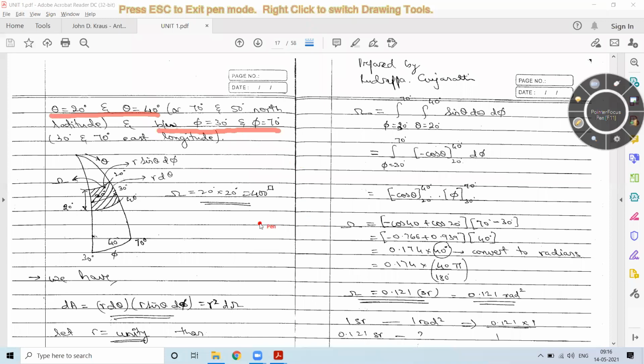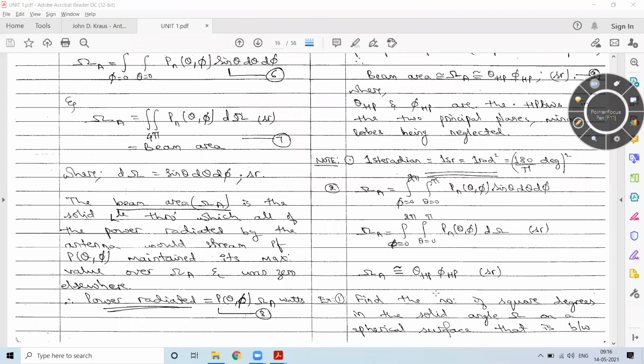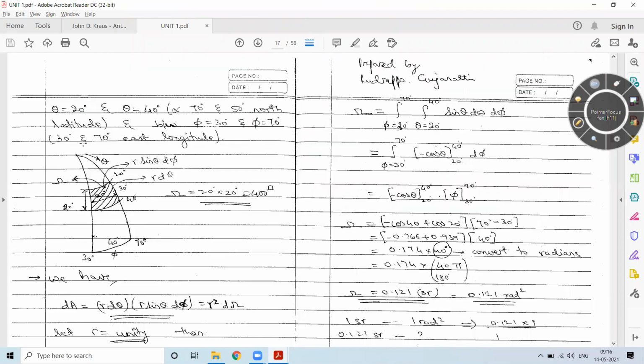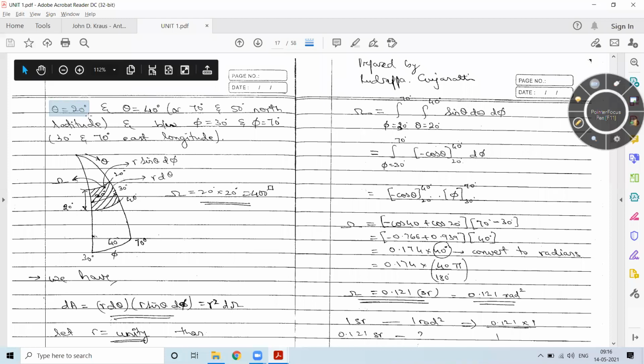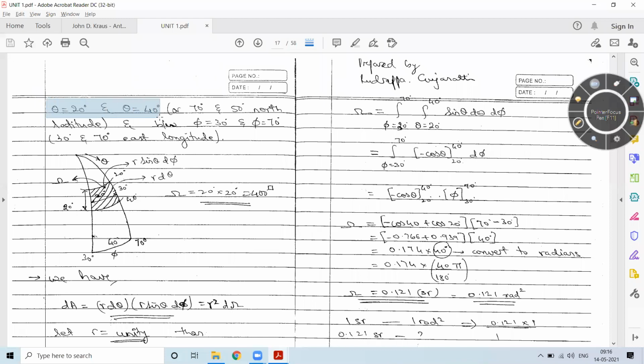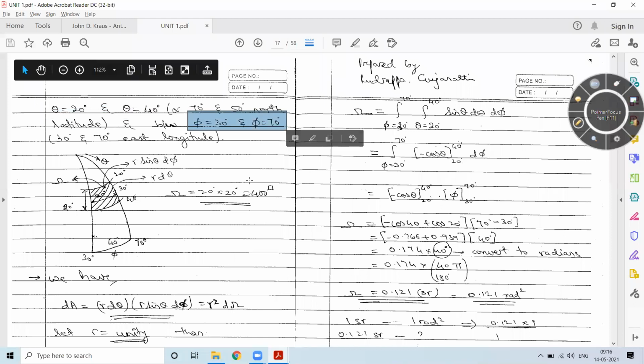In this case, what they are asking is for the square degree representation of the solid angle. So the solid angle has to be represented in terms of square degrees. They have given that we have to identify it for the area falling within this range: theta in the range of 20 to 40 degrees and phi in the range of 30 to 70 degrees.